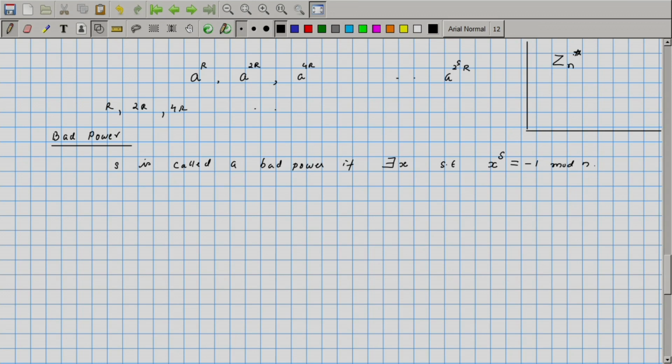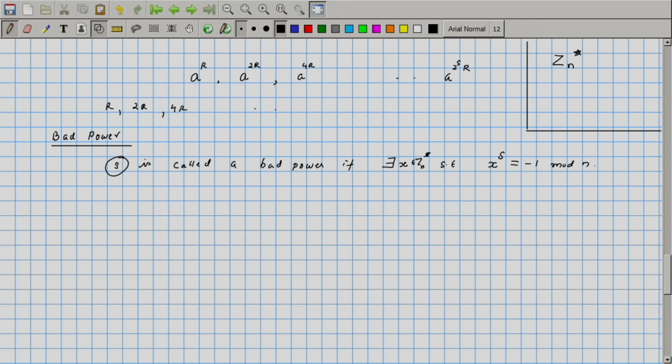So that is indeed a group. Okay. So we will call a particular element s from these r, 2r, 4r, etc. a bad power if you can find an element x in Zn star such that x raised to s is minus 1 mod n.